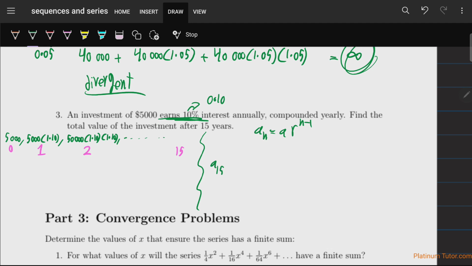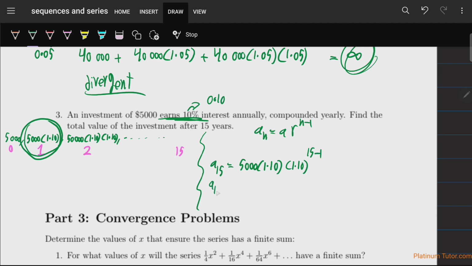So a_15 is going to be equal to the first term. Now our first term, from the way I've numbered this, is going to be this guy. Okay, so it's not going to be the 5,000. So we're going to have 5,000 times 1.10 times the common ratio, and the common ratio is 1.10 to the power of, I want the 15th term, so this is 15 minus 1.